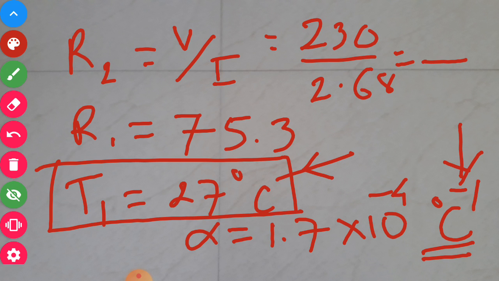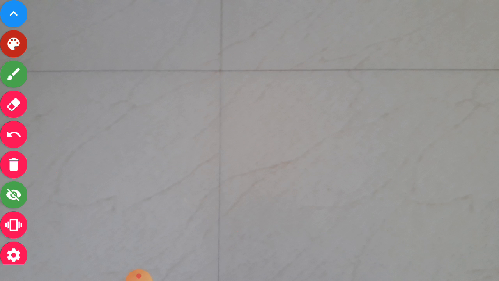If this value is given in per Kelvin, then you have to make this temperature 300 Kelvin. Right now keep it as Celsius and put these values in the equation and simplify, you will get the answer for the final temperature, that is T2. Okay, it is very easy, you can calculate it on your own.